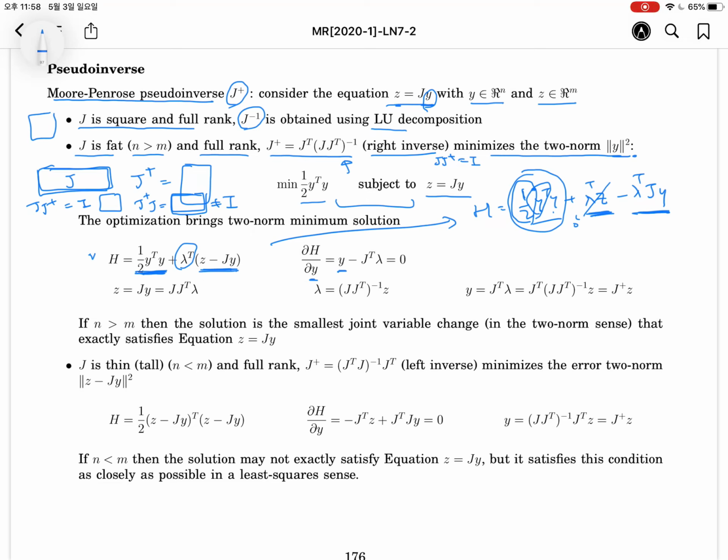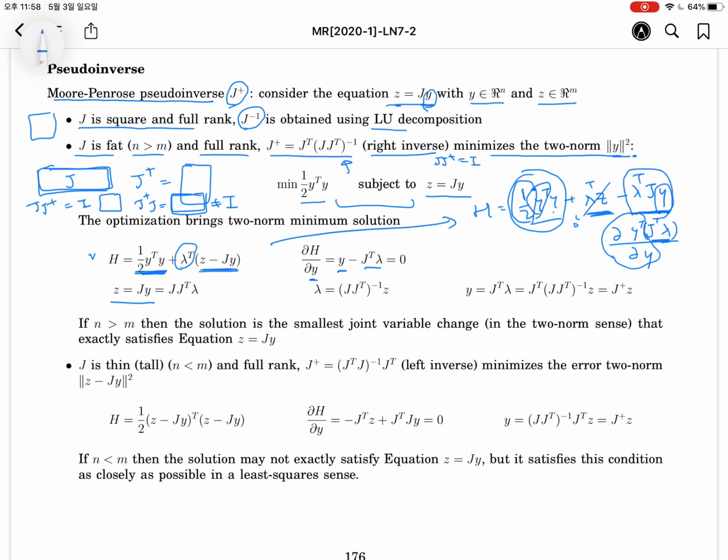Okay, let's take the differentiation with respect to y here. The column vector cannot be differentiated with the column vector, so we take the transpose: y transpose J transpose lambda. It will be differentiated with respect to y, so this one will be the identity matrix. So we have J transpose lambda here.